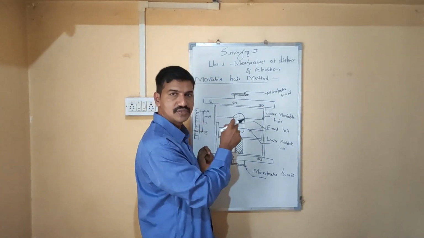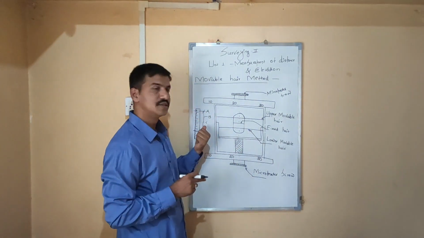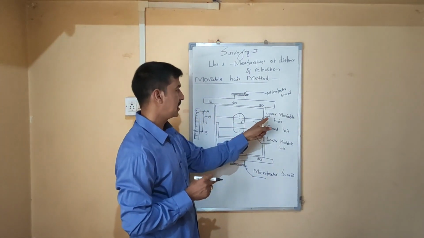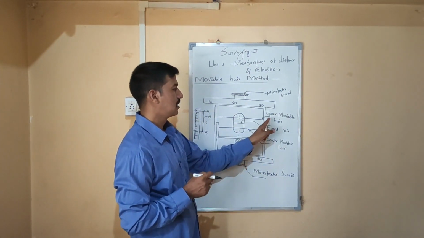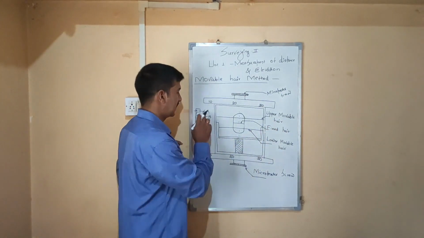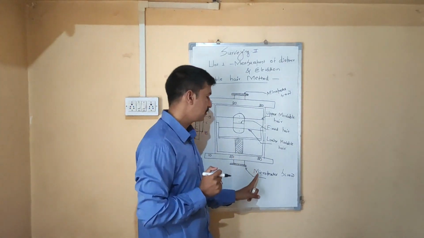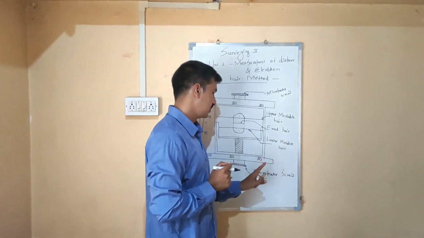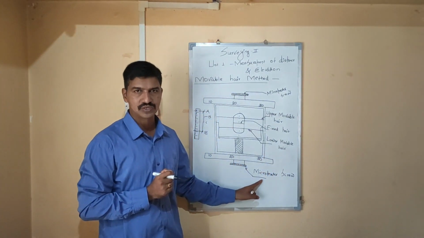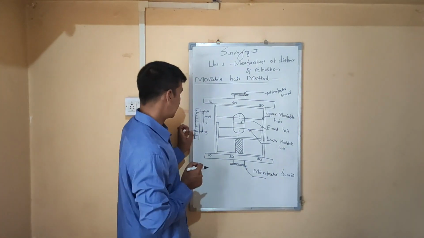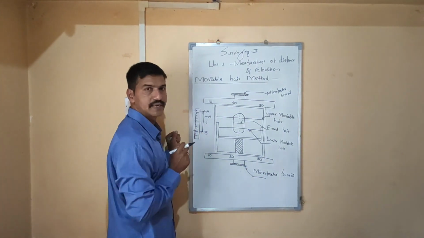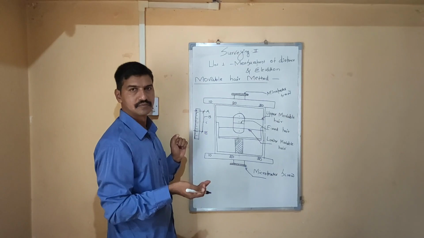Bisect the fixed central hair to the central target. Then, by using these micrometer screws, the upper movable hair is exactly bisected to the top target, and the lower movable hair, by using again the micrometer screws, is bisected to the bottom target. And the readings are taken.